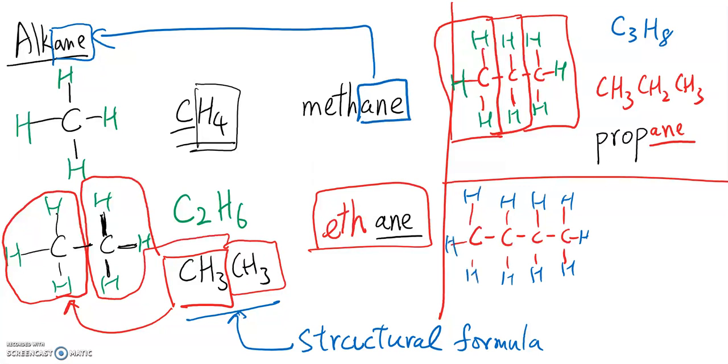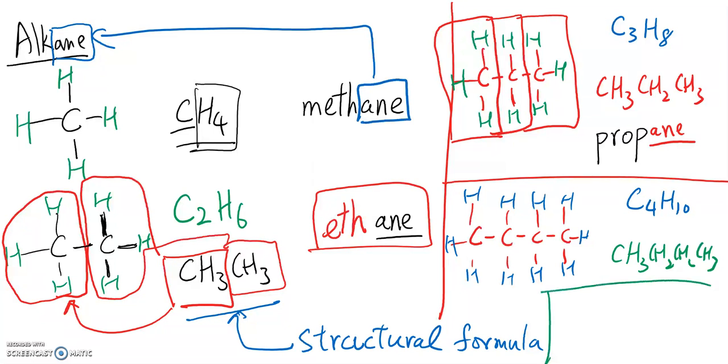The molecular formula this time will be C4H10, and the structural formula will be CH3, CH2, CH2, CH3. Because of this, we've got a new name for this compound. This time we've got 4 carbons, so we name this one butane.